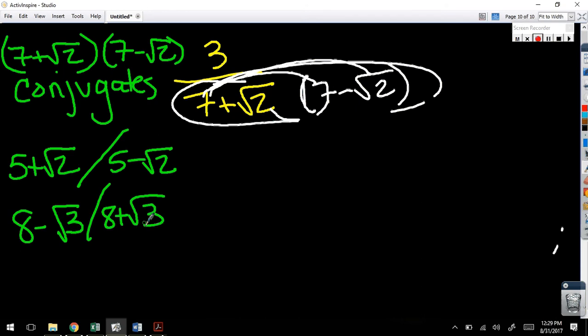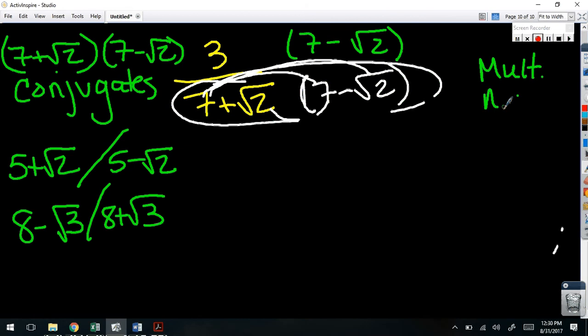So because I have to multiply top and bottom, when you have something that looks like this in the denominator, what you want to do is multiply the top and the bottom by the conjugate. I'll put that over here for you so you have it in your notes. Multiply the numerator and denominator by the conjugate.